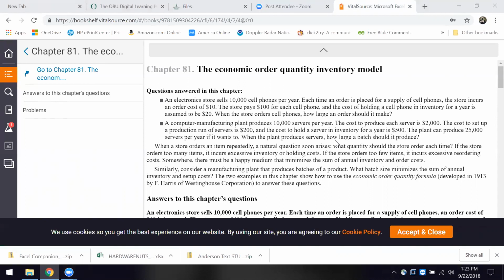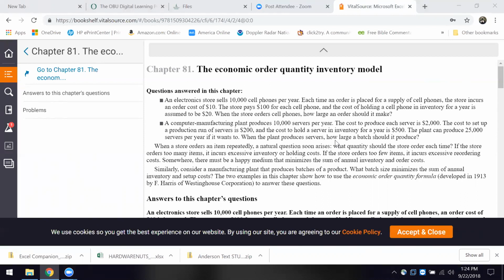The economic order quantity typically is where I'm looking backwards to my vendor, my supplier: how much do I need to order from them? The economic order batch formula is where I'm looking forward to my customers: how much stuff do I need to make to meet their needs?